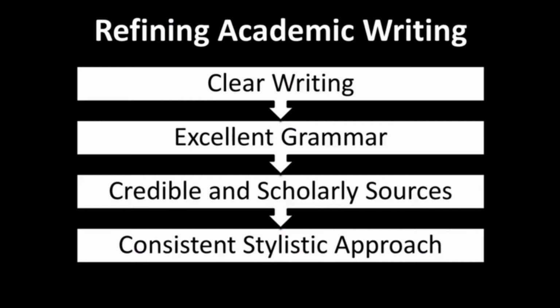We have this credible and scholarly sources. Credibility is defined as the quality or power of inspiring belief. Credible sources, therefore, must be reliable sources that provide information that one can believe to be true. It is important to use credible sources in an academic research paper because your audience will expect that you have backed your assertions with credible evidence.